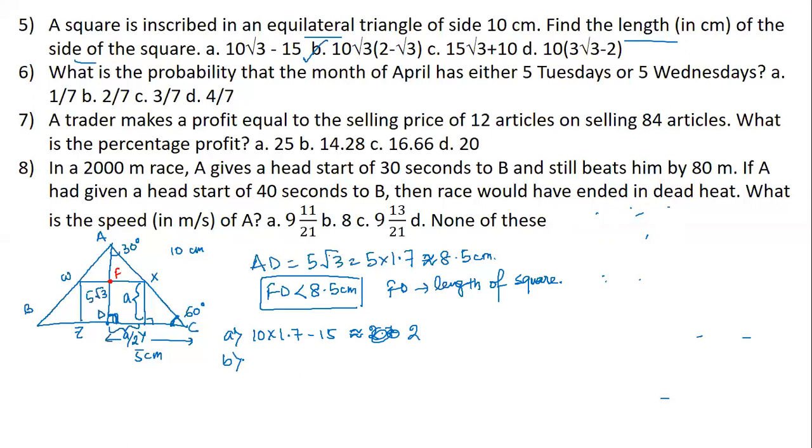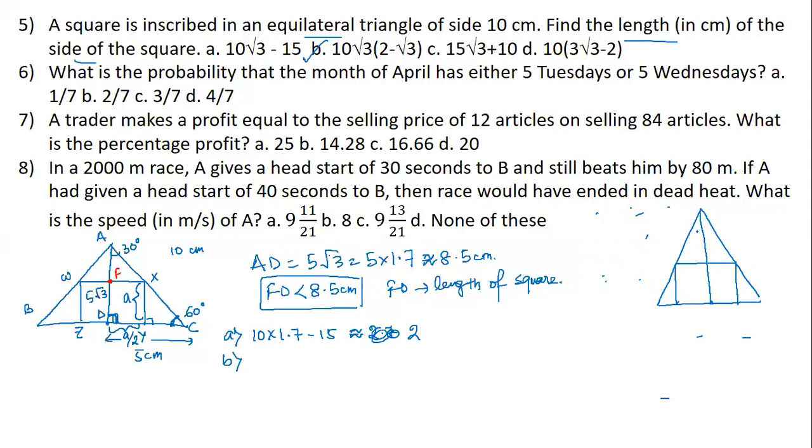But is it that much less? It means the FD length could be almost 1/4 of AD. That may not be a possible case, right? If it were 1/4, this would become a rectangle, and not a square.